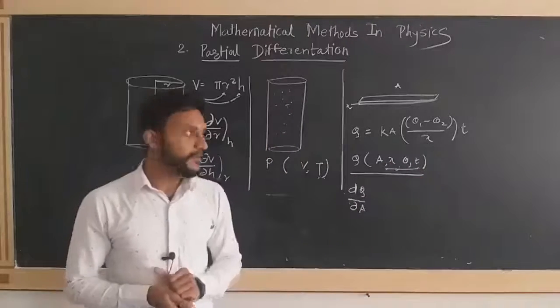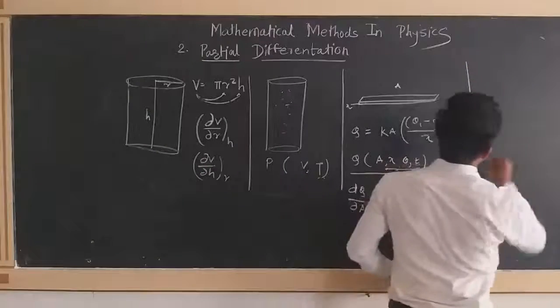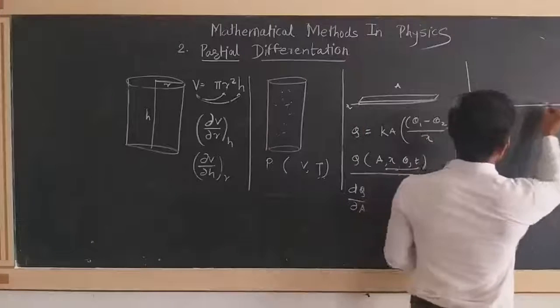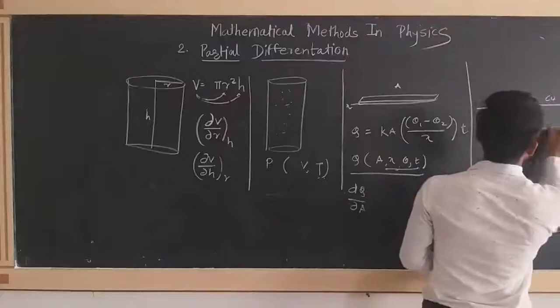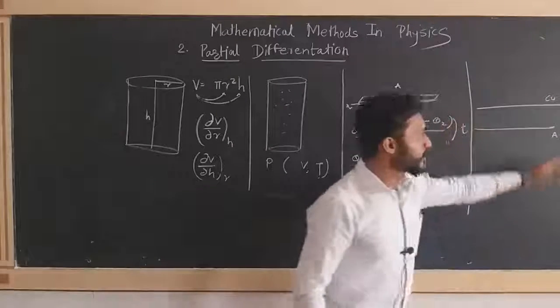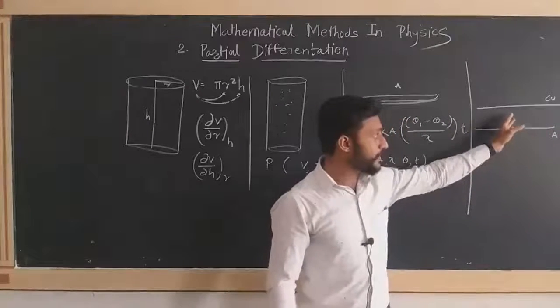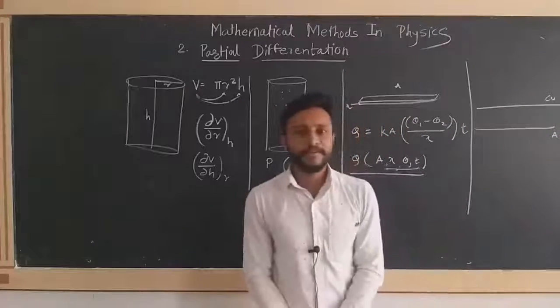One more example: if you consider a conducting wire, let's say two wires, this is a copper wire and this is an aluminum wire. Copper is a good conductor and its conductivity is better than the aluminum wire.